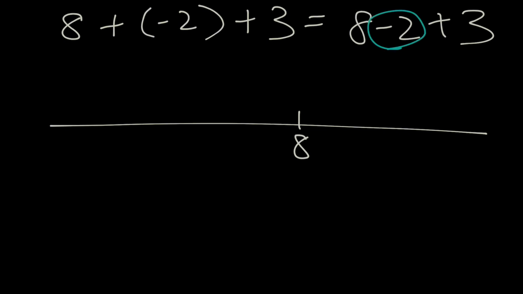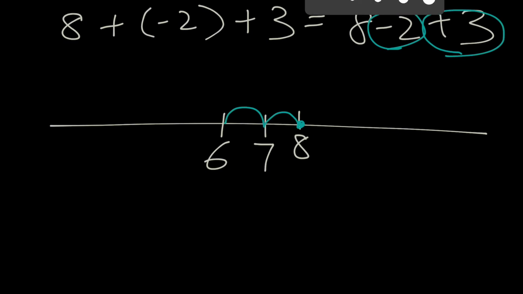I go -2, so I will go toward the left 2 spaces. So this will be 7, and this will be 6. So starting point here, and go 1, 2. Okay? And then I need to add 3.